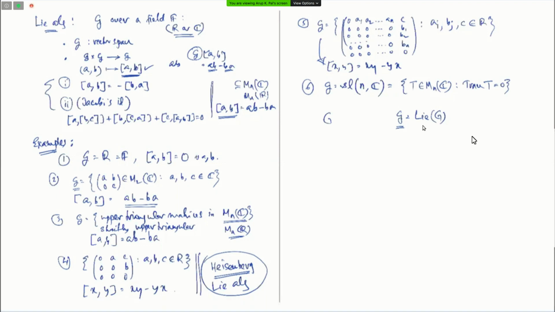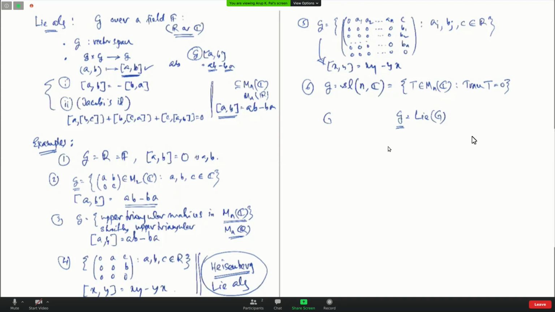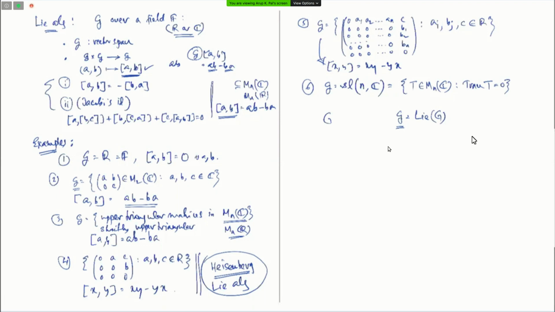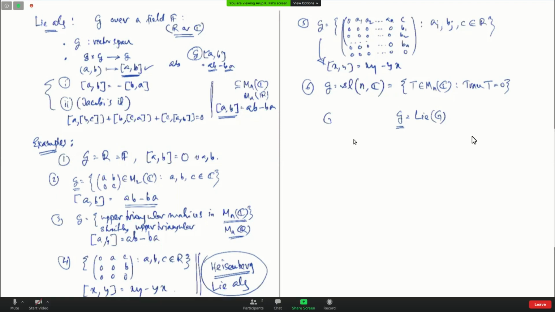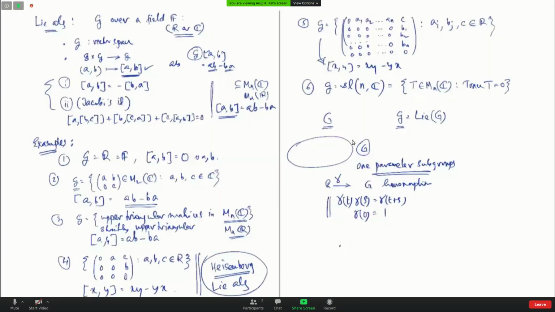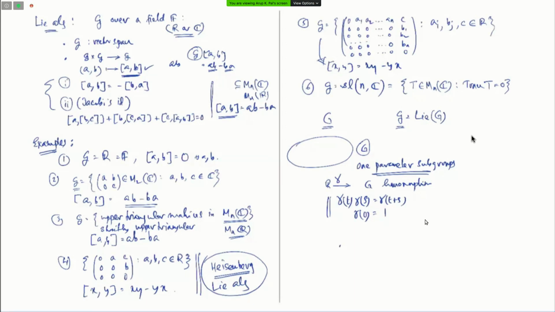Basically a homomorphism from R to G. Let's say gamma is this, then gamma will satisfy gamma t gamma s equal to gamma t plus s, so it would be a path in G, and this would be the identity element in G. So gamma would be basically a path passing through the identity element.